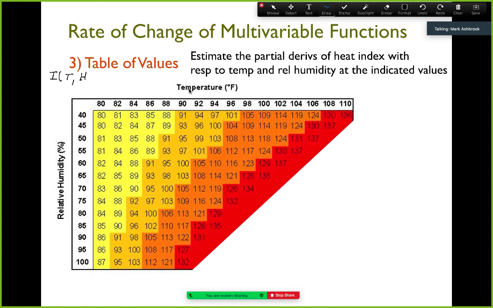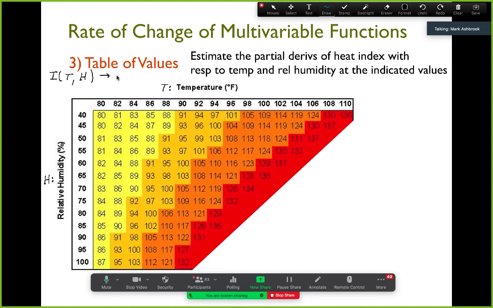So we'll say temperature is T, humidity is H. This function gives values of heat index, which is like perceived temperature.